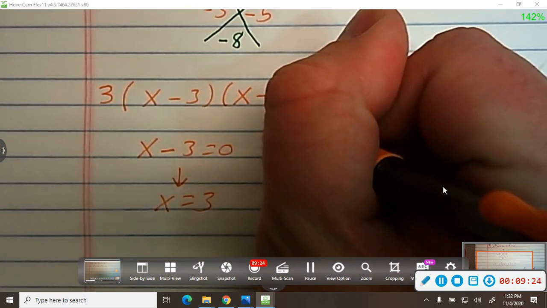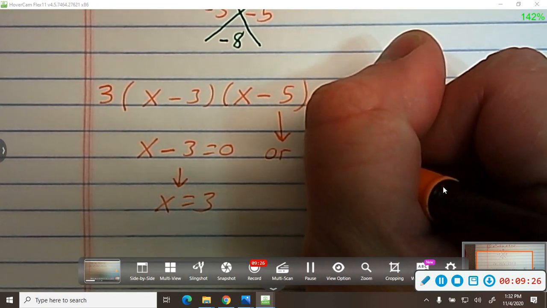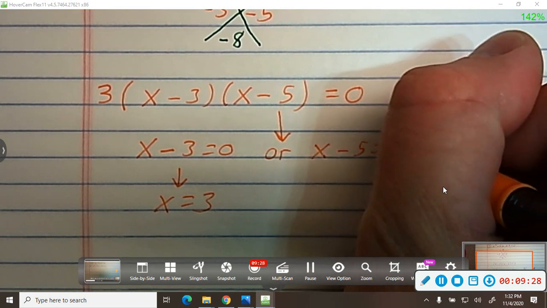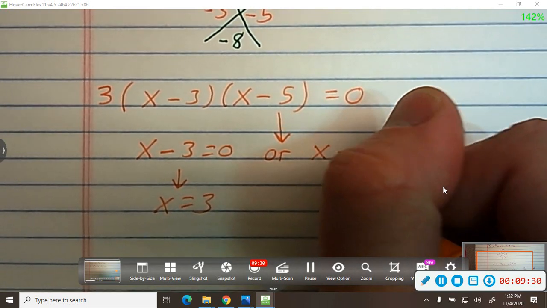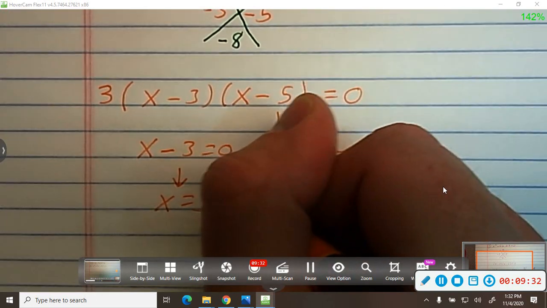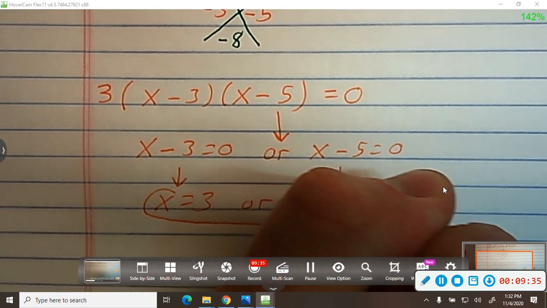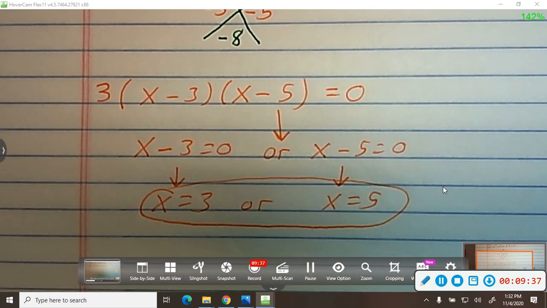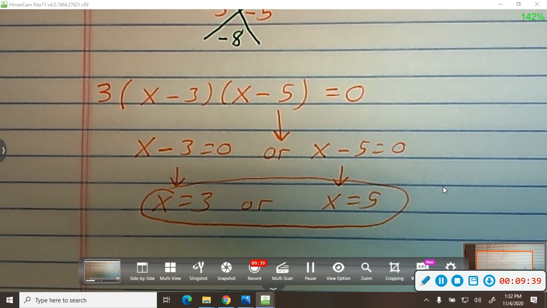And then, what number minus 5 is 0? That's easy, that's 5. So I found that this quadratic has two solutions. Those solutions are 3, and the other solution is 5.